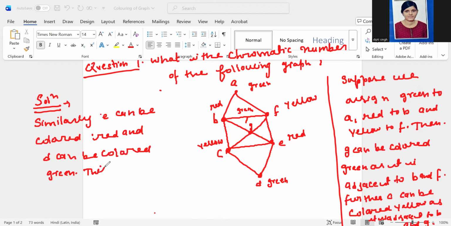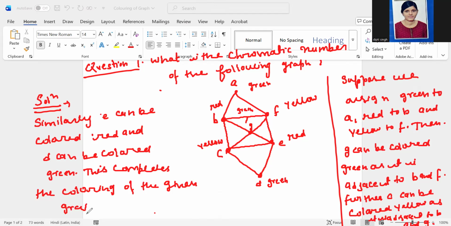So this completes the coloring of the given graph with exactly three colors.